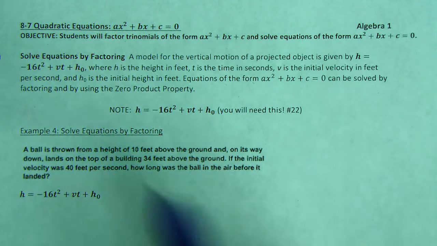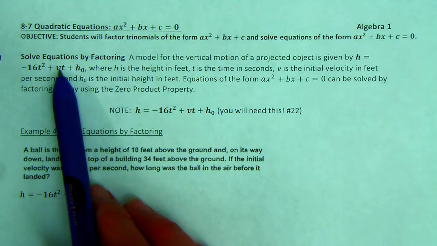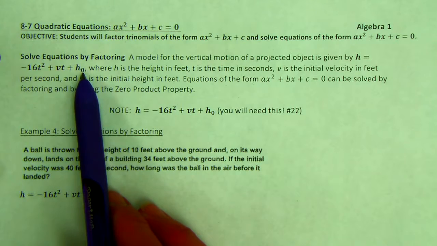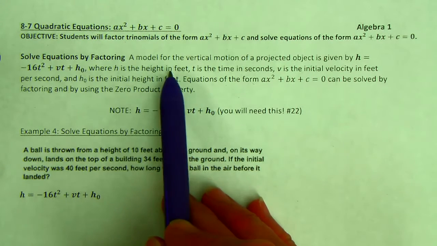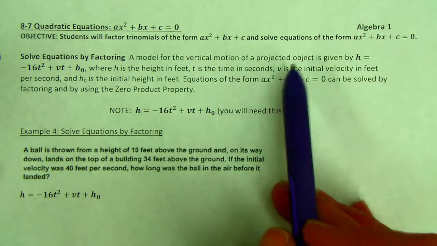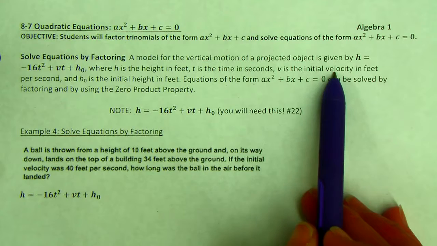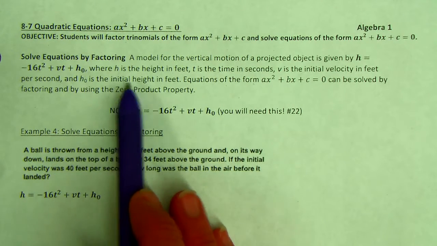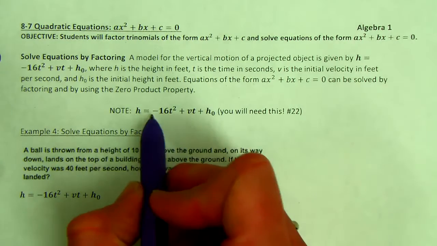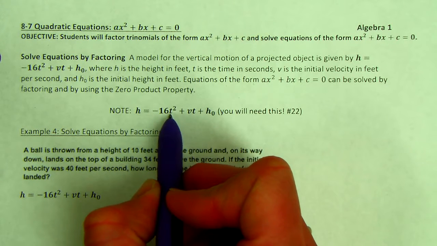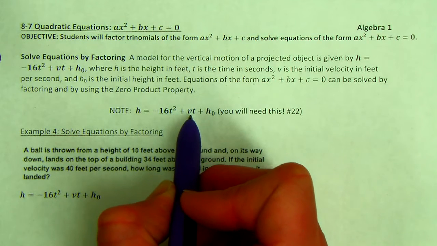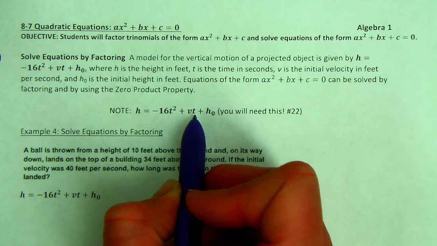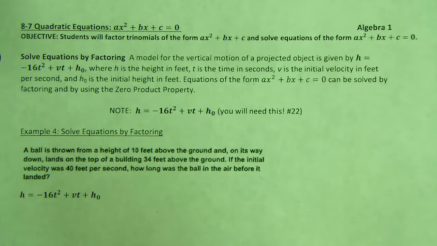H is the height in feet, t is the time in seconds, and v is the initial velocity in feet per second. H sub 0 is the initial height. So height equals negative 16 times the seconds squared plus the initial velocity times the seconds plus the initial height. And notice you are going to need this formula for number 22, so come back to that.